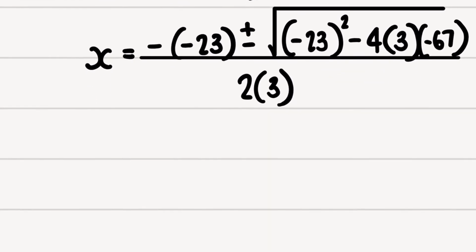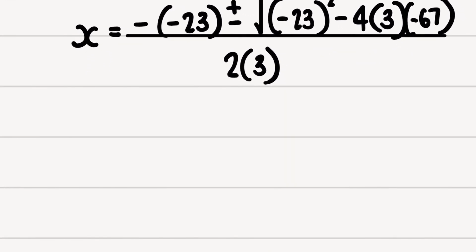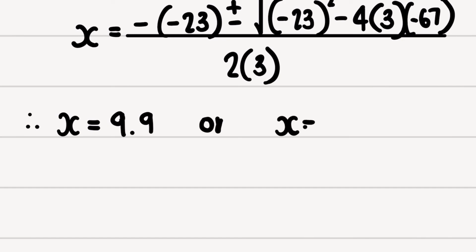When I substitute that all into my calculator, I suggest that you perhaps pause the video, attempt it yourself to make sure that you can do it. Therefore, x is equal to 9.9, or x is equal to negative 2.3.